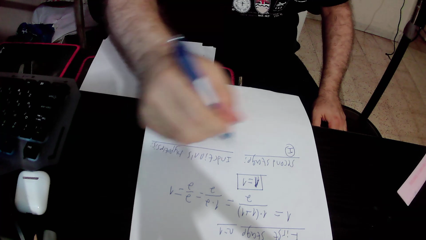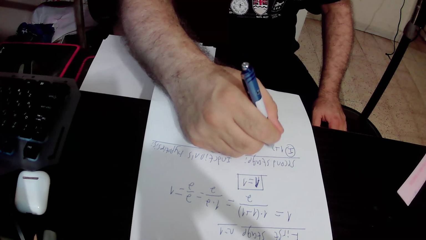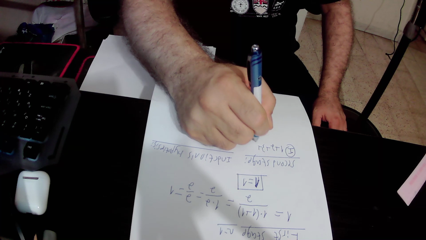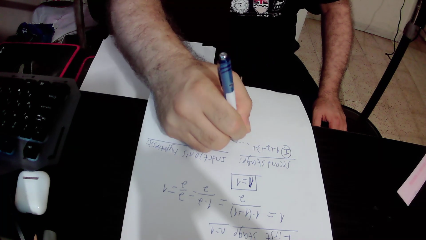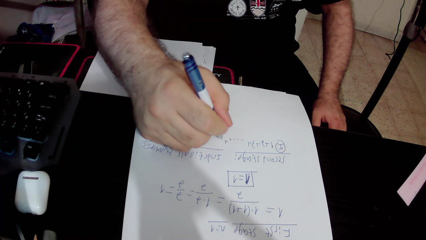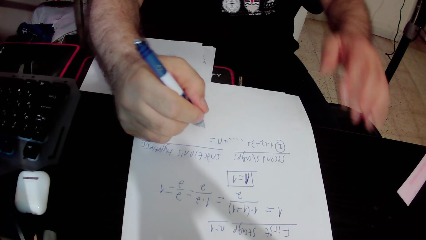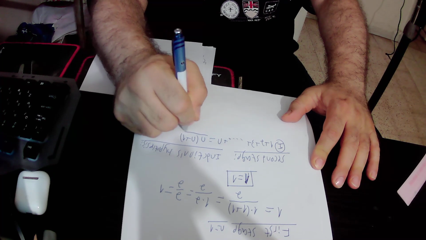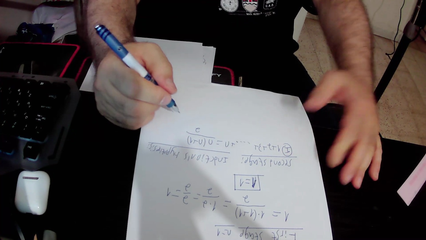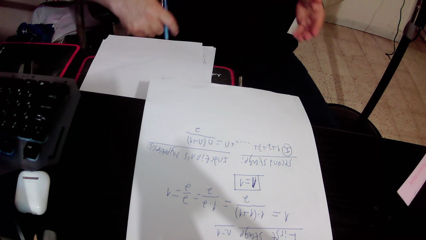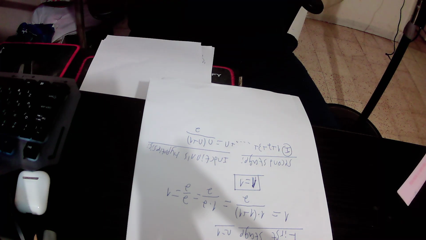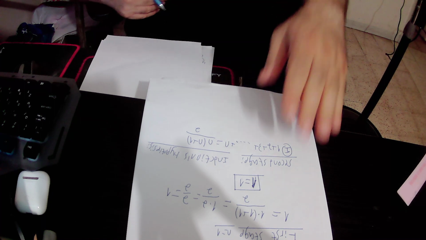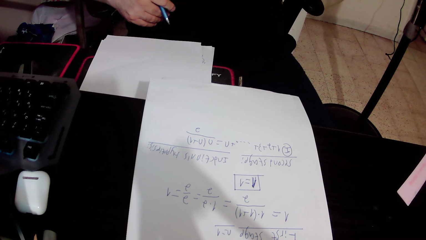That is to say, 1 plus 2 plus 3 plus ... plus n equals n times n plus 1 all divided by 2. So the first equation is the induction hypothesis. We assume that this statement is true for n.